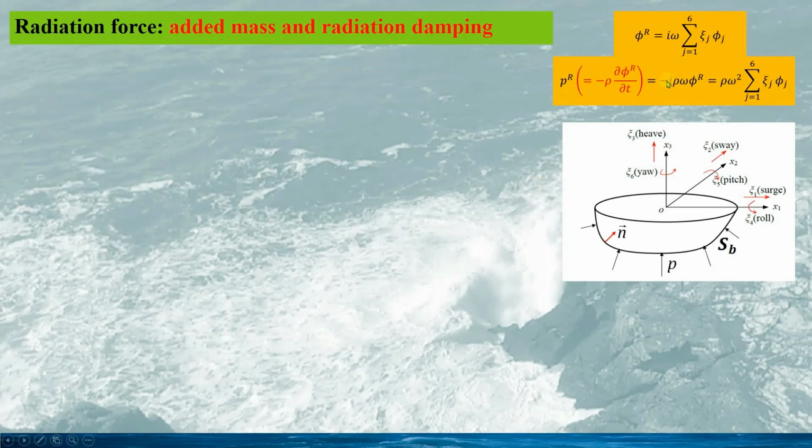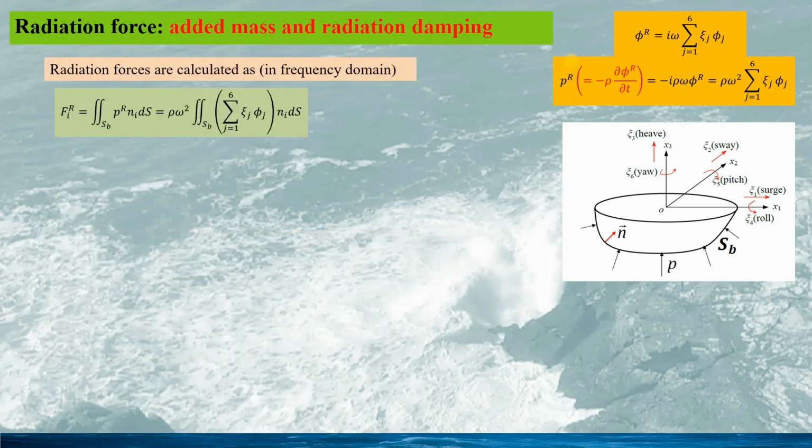Based on the potentials for radiation waves, the corresponding pressure would be given as this in the frequency domain. So, if we substitute the pressure into the surface integral for the radiation force, we have the expression as this.